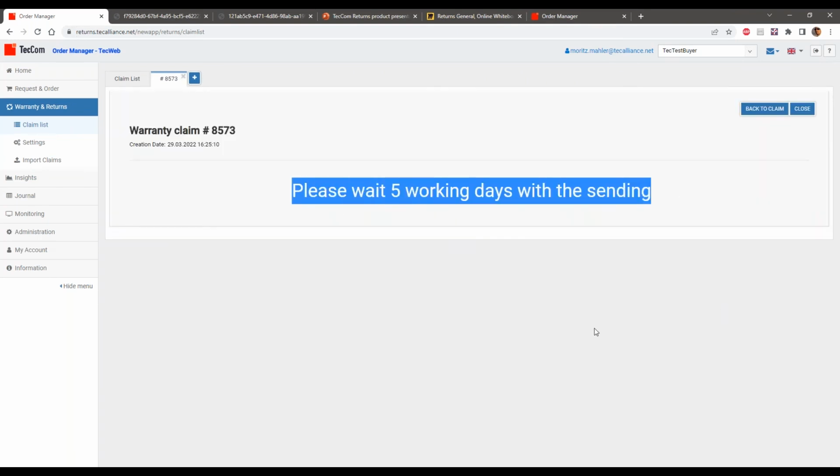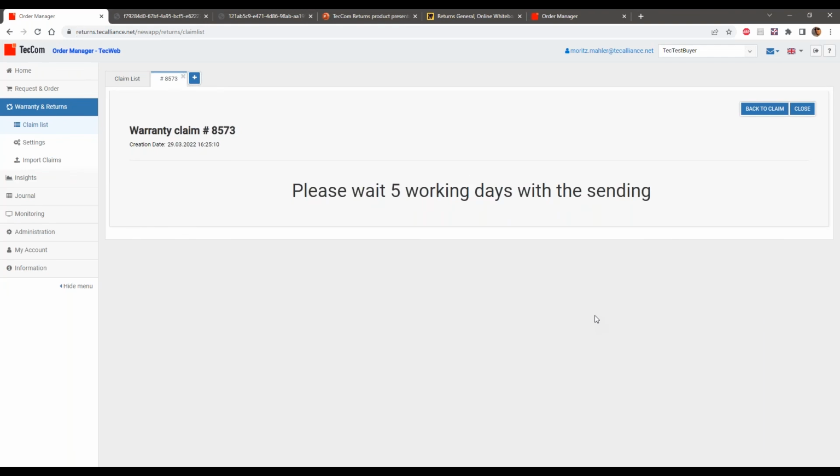Next feature: the supplier, if he's working with our solution, is able to put a text here. This text should precede the sending. You can write everything you want here, football results, some advertisement, anything.